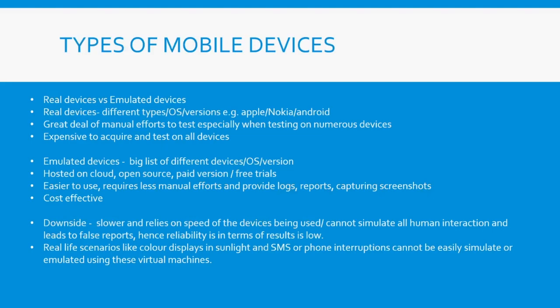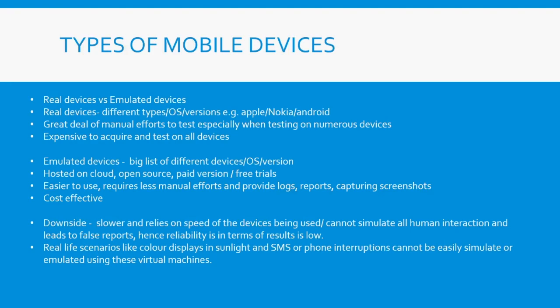So, for instance, if you are in your workplace and you are developing an e-commerce app, the product owner now has to get Apple iPhone 5, iPhone 6, iPhone 7, Samsung S1, S2, S3 up to S10.